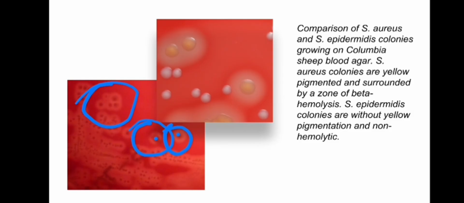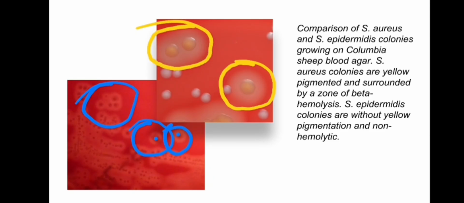Okay, in the secondary case, you can see these colonies, the golden colonies. Aureus comes from the word gold, right? So this is for S. aureus, which are yellow.